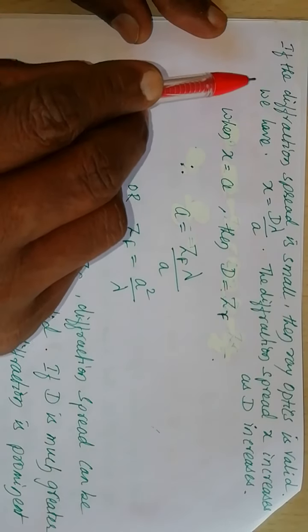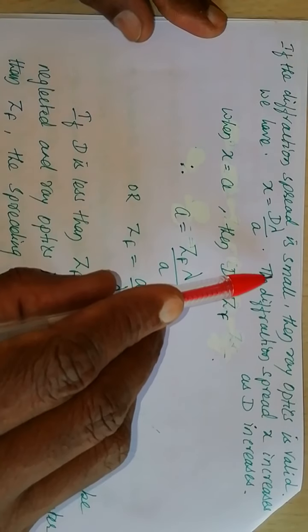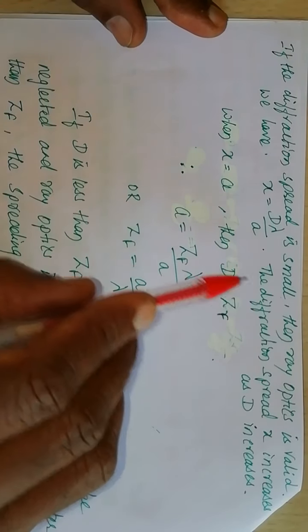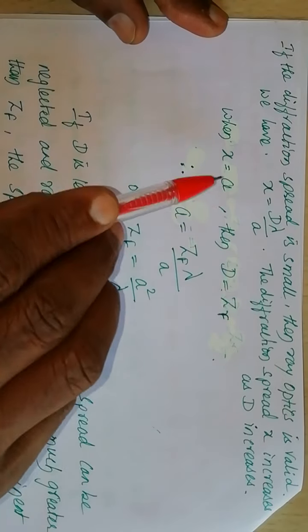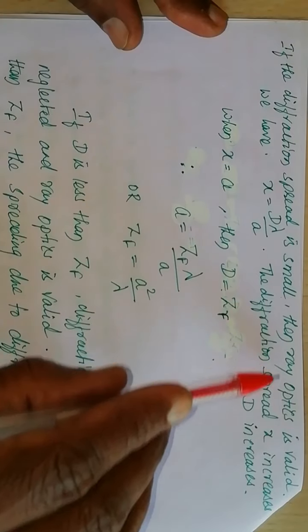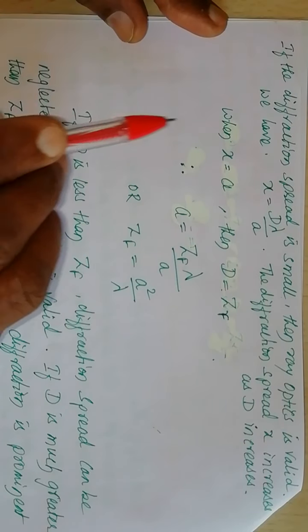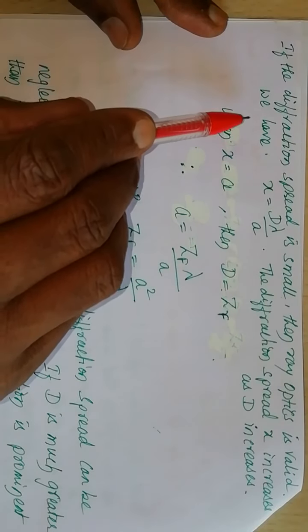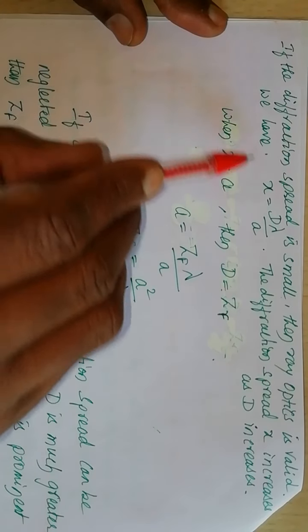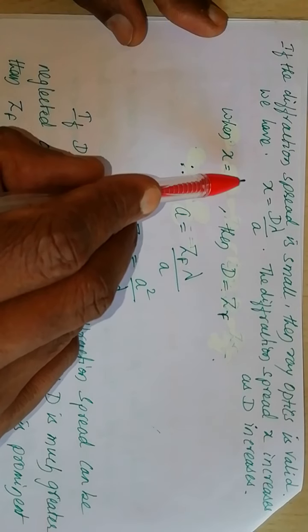In other words, if diffraction spread is negligible, or the width of the central maxima is equal to the width of the rectangular slit a, then ray optics is valid. In other words, the light always travels along a straight line. That's why the spreading doesn't take place.